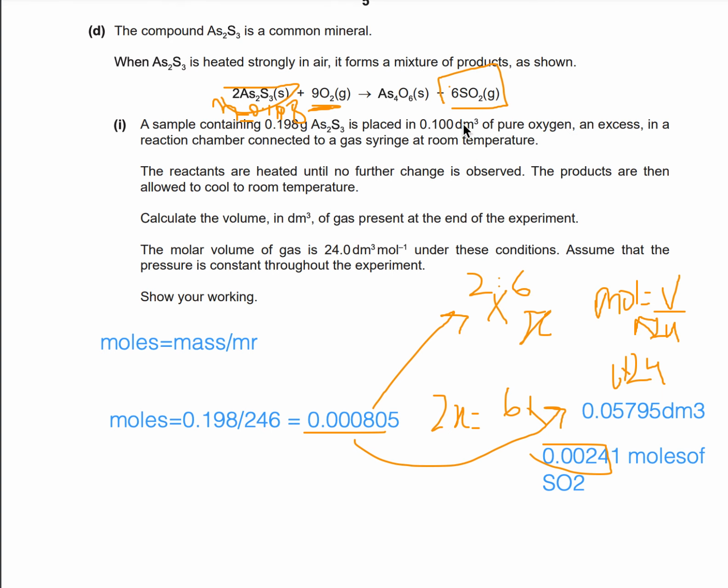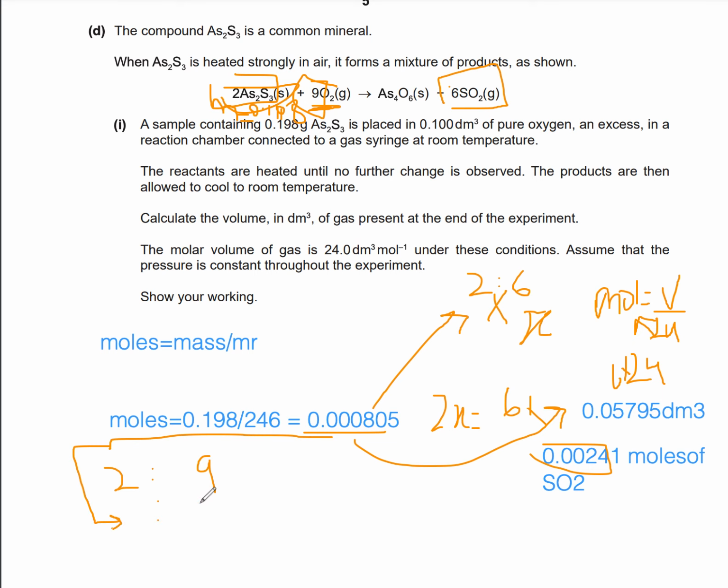Now, what about oxygen? What do we do about that? Let's see. 2 moles of As2S3 are reacting with 9 O2, right? Let's do that again. We know the moles of As2S3, which is 0.000805. Let's do the ratio again for As2S3 and oxygen. The ratio given in the equation is 2:9, and we know the moles for As2S3, which will be inserted over here.